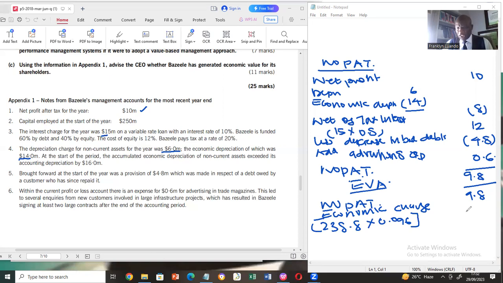So let's just confirm it. That is 238.8 multiplied by 9.6%, which will be 22.92.